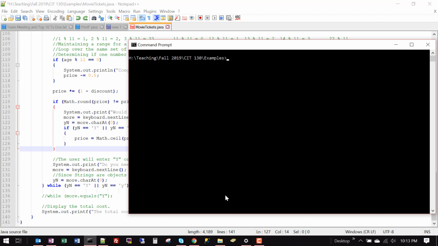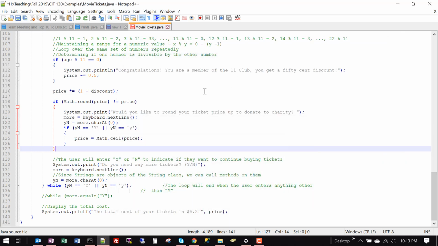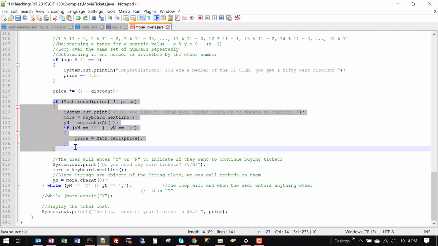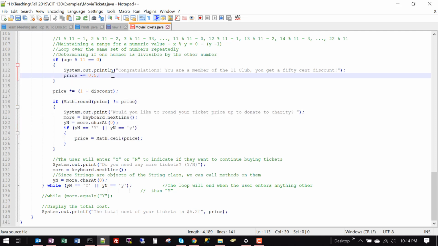Something that I made a mistake on earlier but didn't catch is that I'm doing this discount part in the wrong place. The reason I didn't catch it before was that when I was getting that 50-cent discount for the 11 club, I was getting a price that was a round number, thus not asking me this question until the second time through the loop.